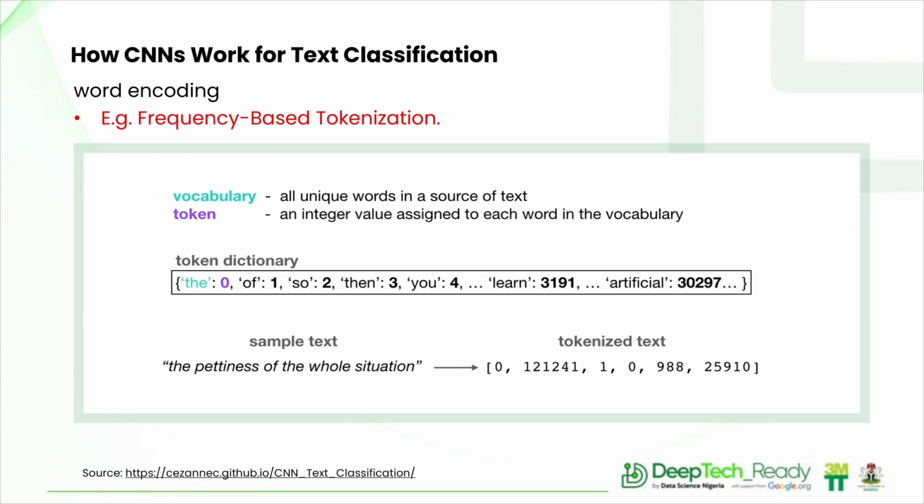For example, if the word "the" represents 0, the word "pettiness" represents some value, let's say 121,241, and then maybe "of" represents 1. It is this particular tokenized text that you feed into the neural network.